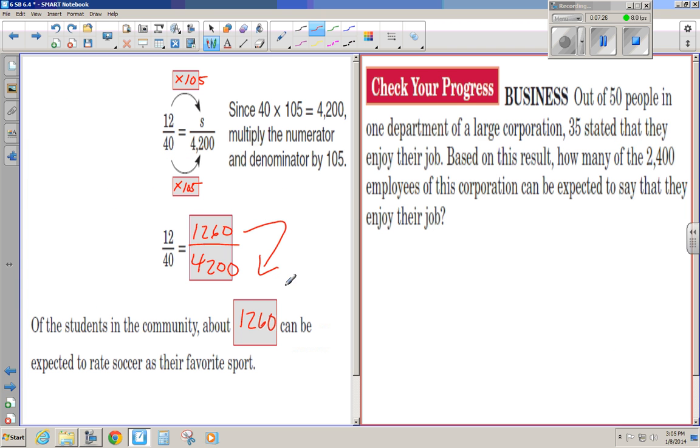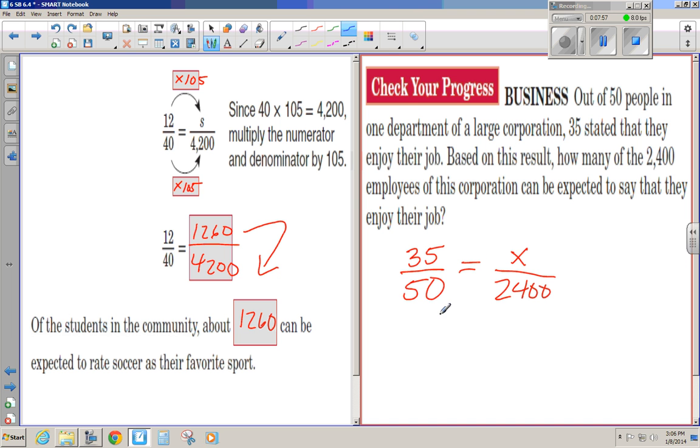So we're going to set up this exact same thing. Out of 50 people, so that means 50 total people, 35 say they like their job. And now we want to compare it to the whole corporation. The whole corporation involves 2,400 people. And how many of them? X. We don't know.